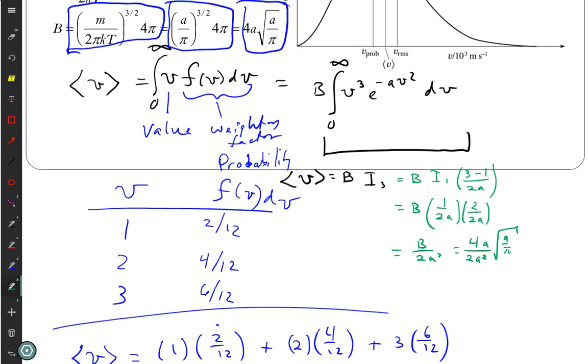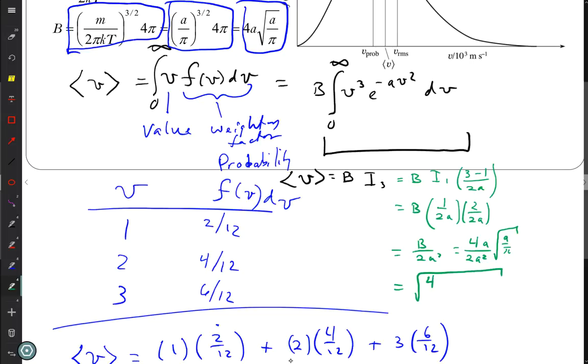So there I've substituted for B, and we'll notice that we can simplify this some more. 4 divided by 2 is 2. I'm going to bring that 2 inside the square root, so that's going to become a 4 inside of the square root. And then outside I have 1 over A, right? A over A squared is 1 over A. Bring that into the square root, and that's going to be an A squared on the bottom. Clearly didn't need this big of a square root. A divided by A squared is 1 over A.